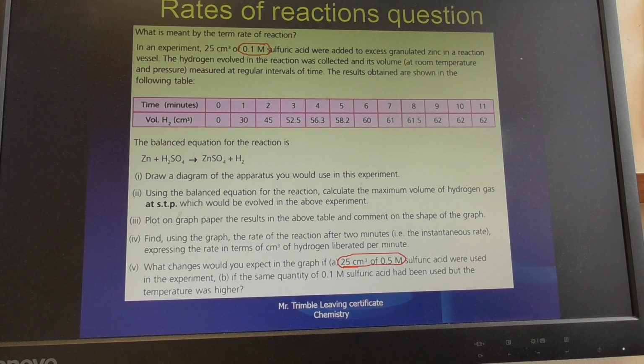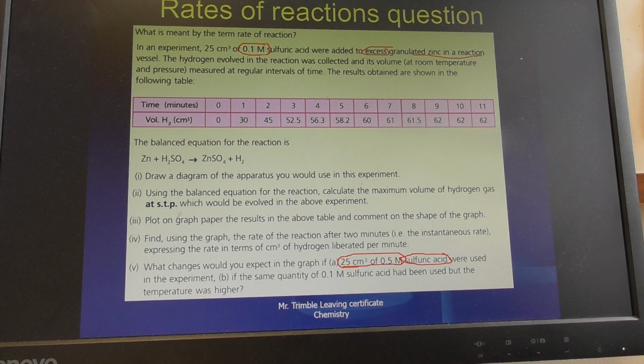The initial part of the graph will be much steeper because of an increase in collisions, because of an increase in concentration of the sulfuric acid, which in this reaction will be known as the limiting reactant, because it says that granulated zinc is in excess. So there's one of them limiting here, and that's the sulfuric acid.